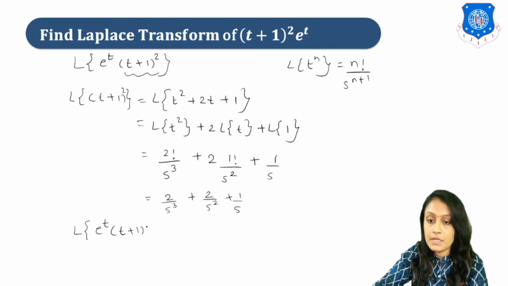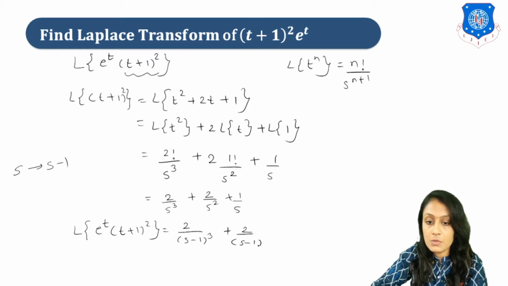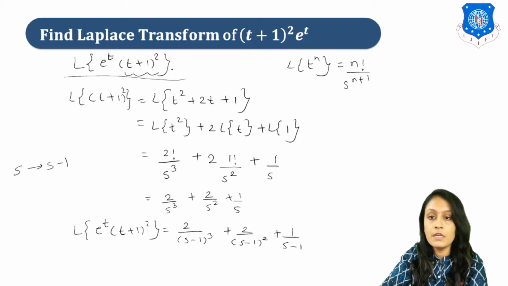Here we have a coefficient of 1, so in place of s we have to write just s minus 1. So 2 upon (s minus 1) whole cube plus 2 upon (s minus 1) whole square plus 1 upon (s minus 1). So this is the final answer.